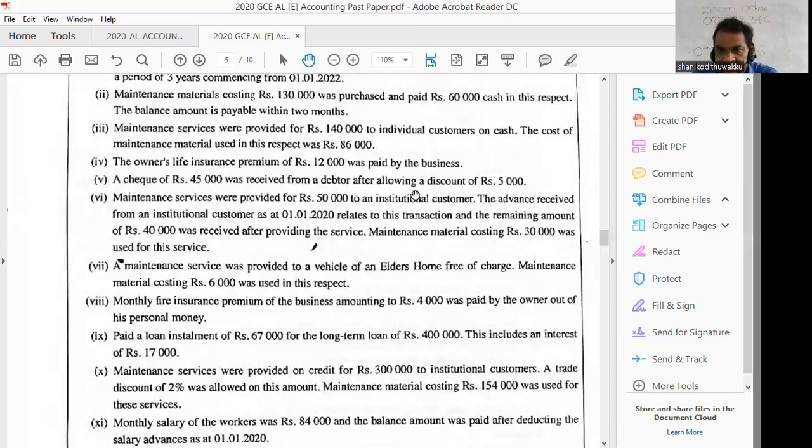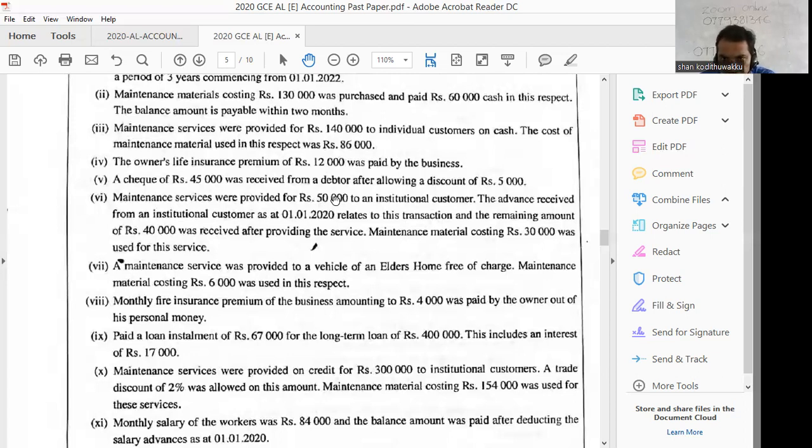And then we can set off the received advance 10,000. Earlier, the business got 10,000, that is the advance paid by the customer for the future service. Now, the customer has given another 40,000. The total maintenance service is 50,000 rupees.